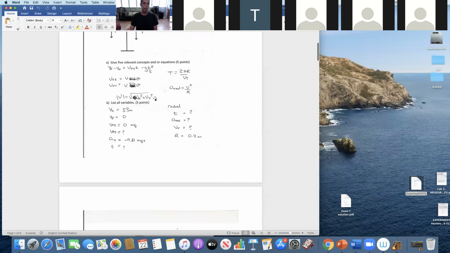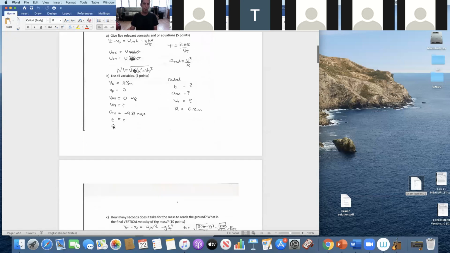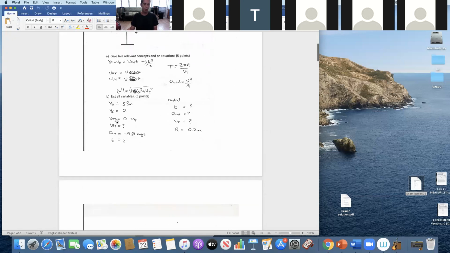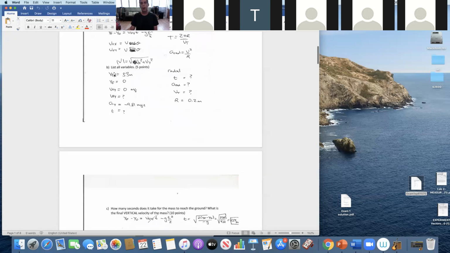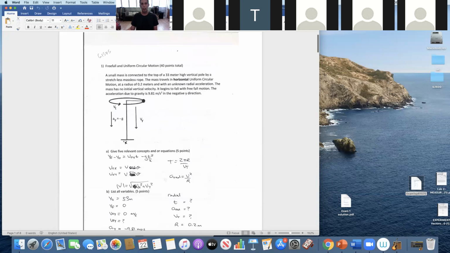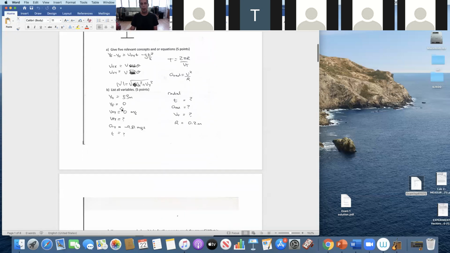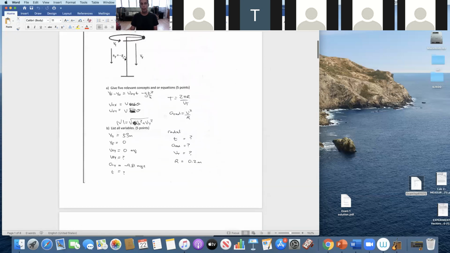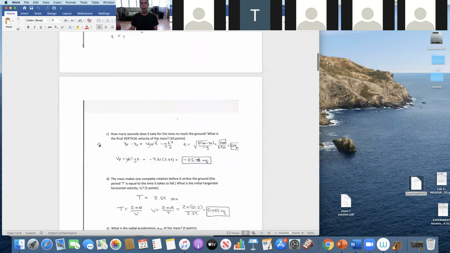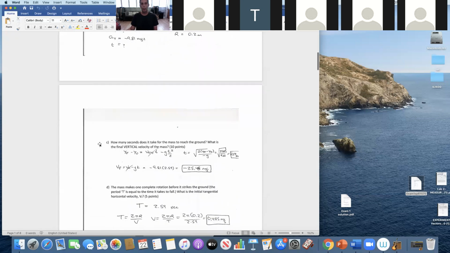So first thing, give me those 5 equations, or 3 to 5. List your variables for free fall. Y initial is 33, Y final is 0. You could also put that Y final is negative 33 and Y initial is 0. I don't care. You need to know that it's dropping from rest, and the acceleration. It asks how long it takes to hit the ground.